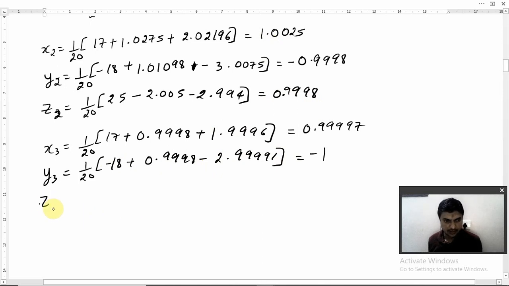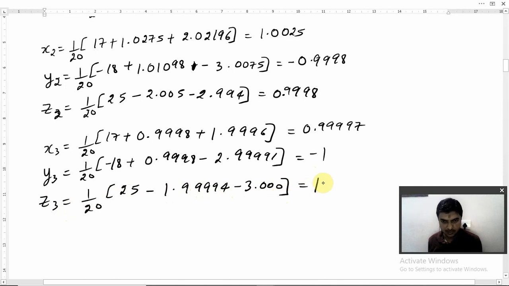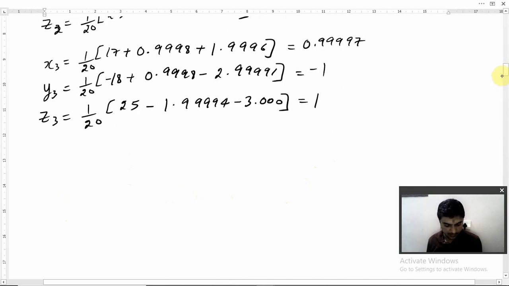Then I am going to take z3. So this will be equal to 1 upon 20, 25 minus, substitute the values, students, minus 1.9994 minus 3.000, because minus 1 I am going to multiply with 3. This is equal to, exactly I am getting this in calculator, 1.